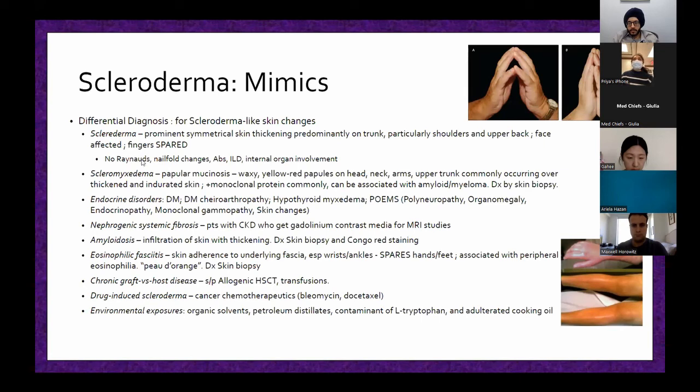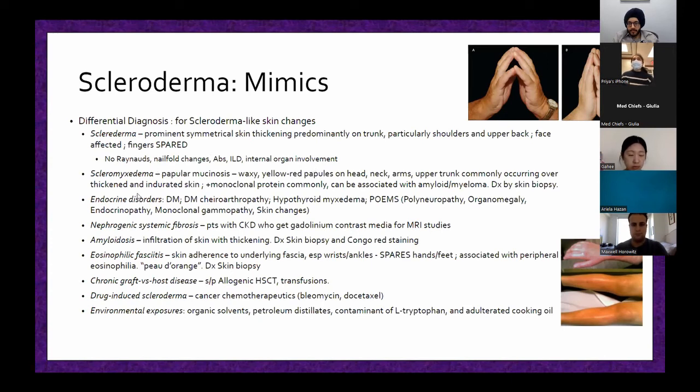The differential, briefly, for the boards: scleroderma versus not scleroderma. Scleredema is symmetrical skin thickening, predominantly on the trunk, shoulders, upper back, and the face, where the fingers are spared, which is not classic for typical scleroderma, and they don't have the other manifestations.